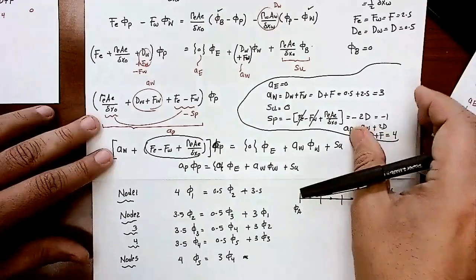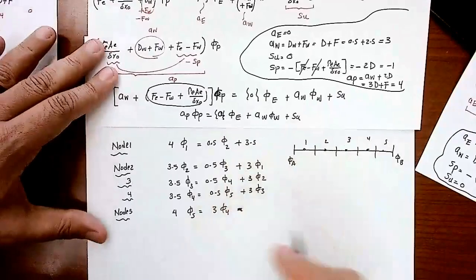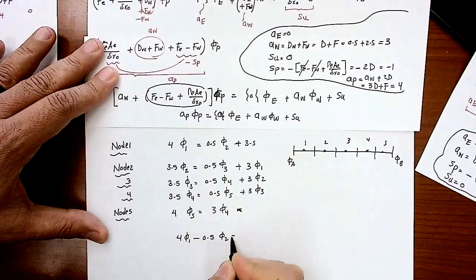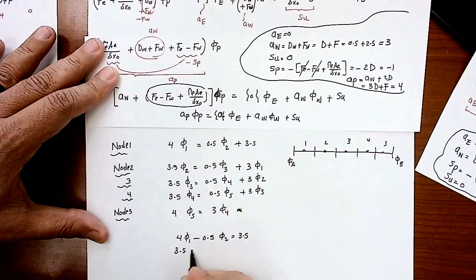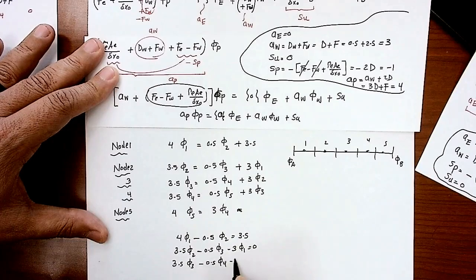If you rearrange the equations here, you will get 4 phi 1 minus 0.5 phi 2 equal 3.5. You will get 3.5 phi 2 minus 0.5 phi 3 minus 3 phi 1 equal 0. 3.5 phi 3 minus 0.5 phi 4 minus 3 phi 2 equals 0.